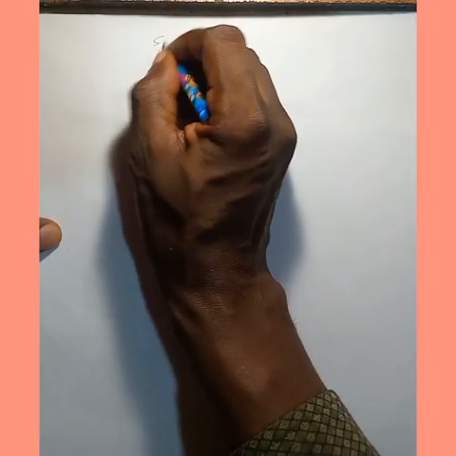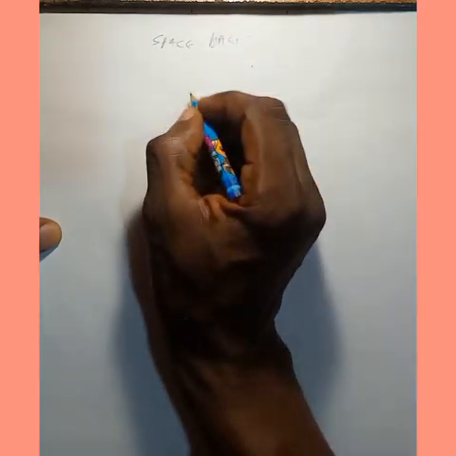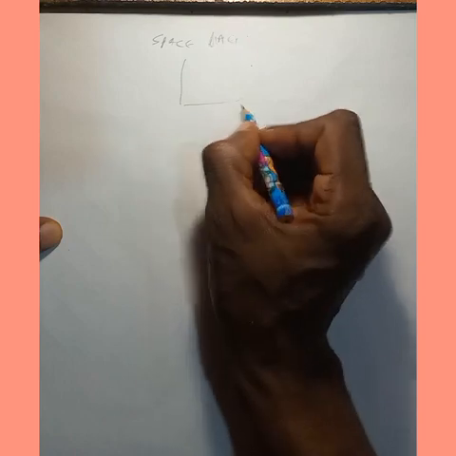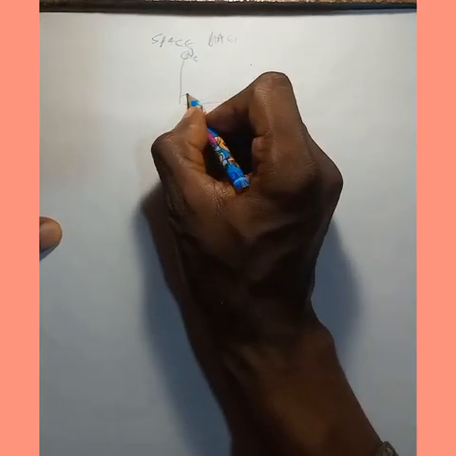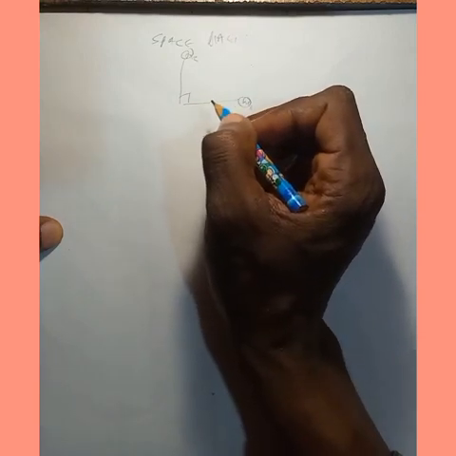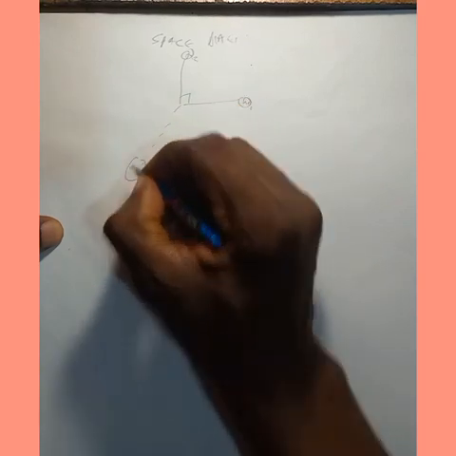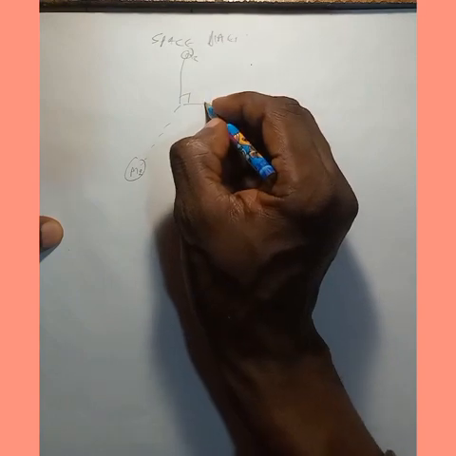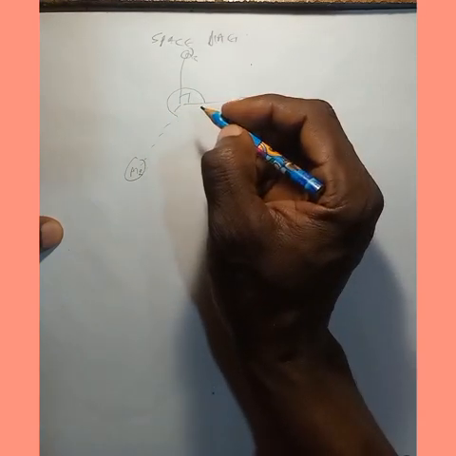So the space diagram. Now from the question, we're told that M1 and M3 are at right angles to each other. So this M1, this M3, so this angle is 90. Though we know the mass M2, we do not know... rather, we do not know the mass of M2, we also do not know its angle of inclination.